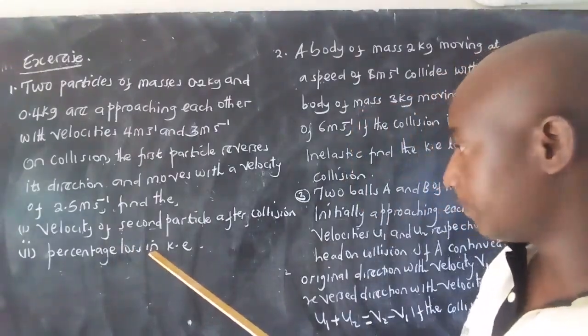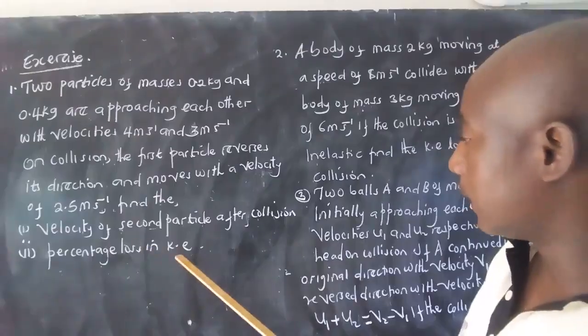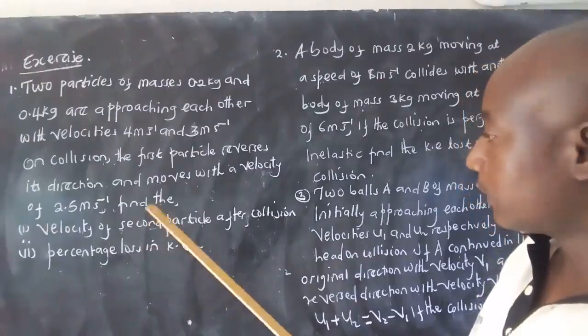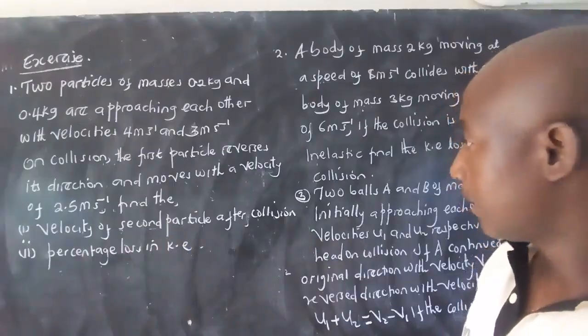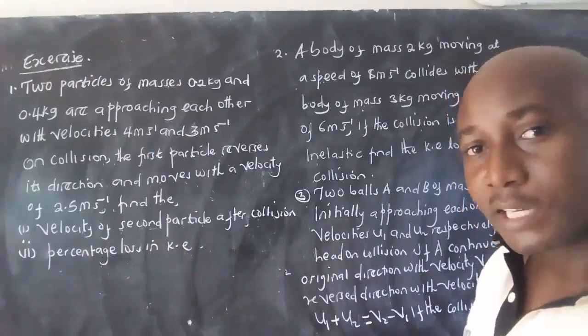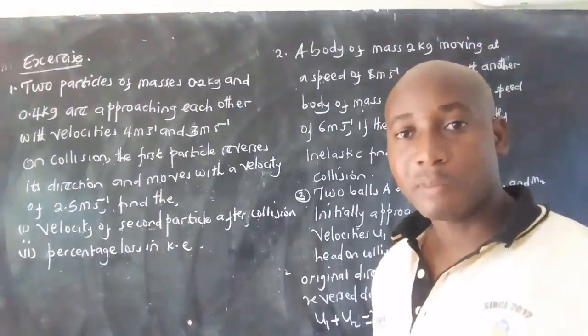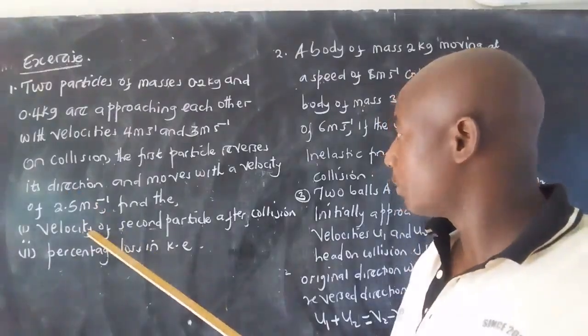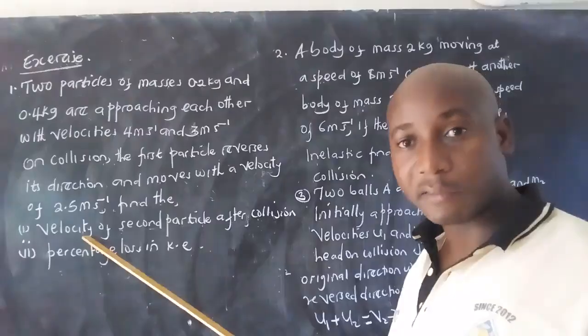Okay, there's also kinetic energy, so you have to get kinetic energy before collision and after collision. Now, when I get kinetic energy, kinetic energy is a scalar. So, as we say a half mv squared, we shall use a half mu squared. We shall use positive values, because on momentum, if one particle was in the opposite direction, we shall use a negative on that velocity.